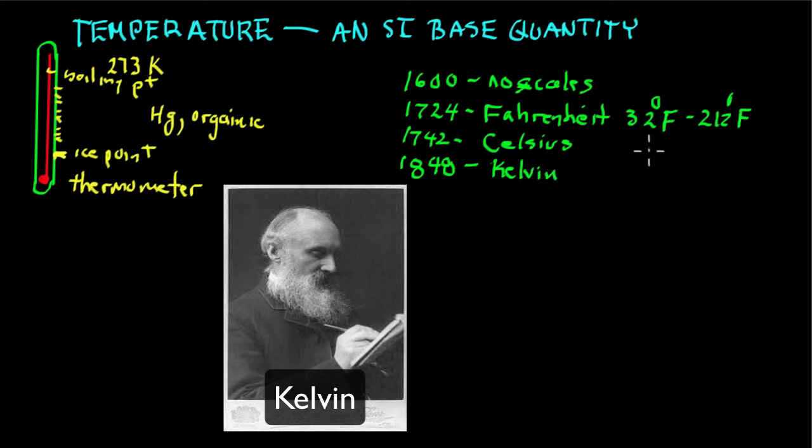The Celsius scale went from 0 degrees for the freezing point of water to 100 degrees Celsius, the boiling point. Kelvin went from 273 Kelvin, with no degree mark, just standard procedure, to 373, the boiling point. And notice the 100 degrees are the same.